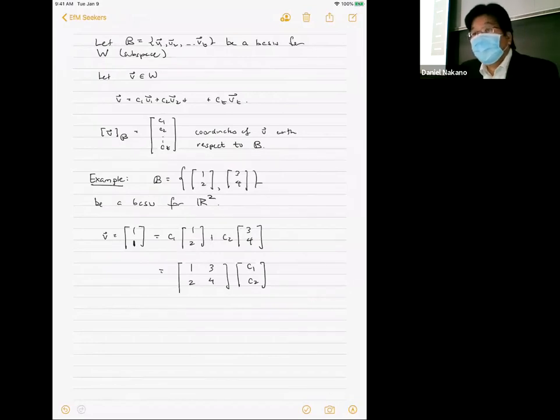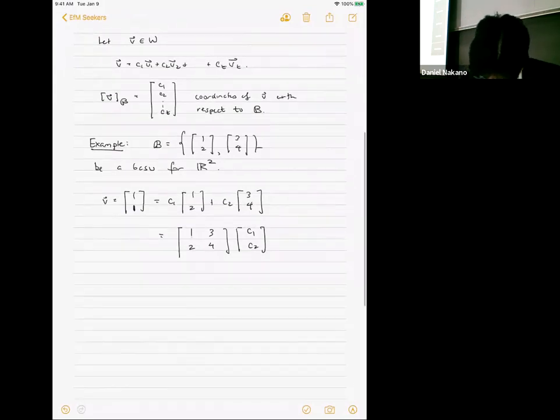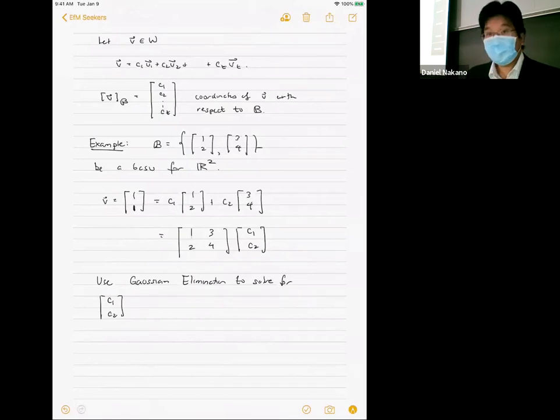This is just a systems of equations problem, and you could just use Gaussian elimination to solve for C1 and C2. Once you do that, you have the coordinates. So this gives the vector V with respect to the basis B.